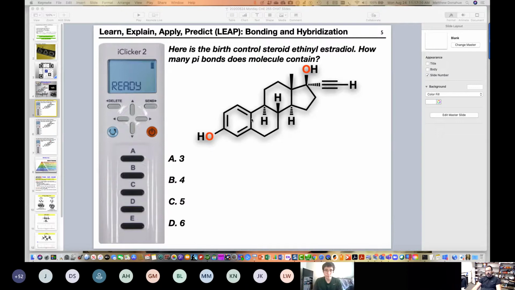If you're looking at this ring here, this ring with 3 pi bonds, that ring is called benzene. I'm going to hold that ring up on the camera here. The benzene ring, if we're looking at it edge on, is flat.